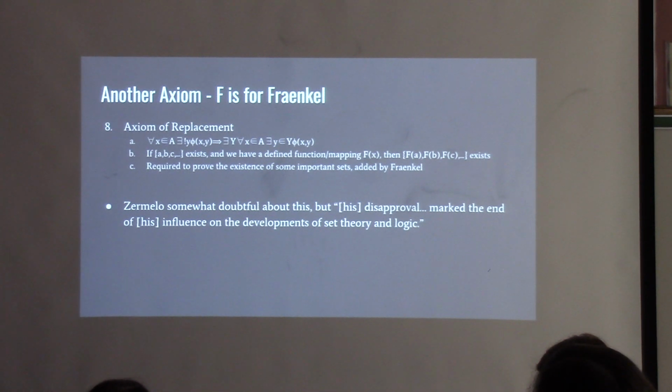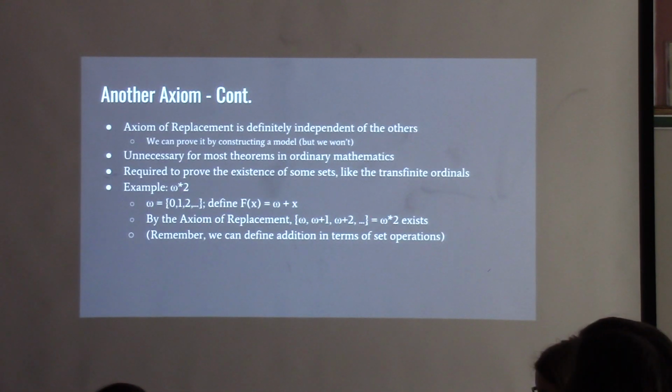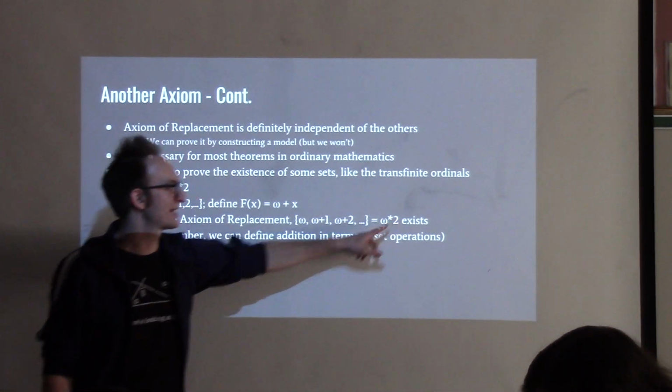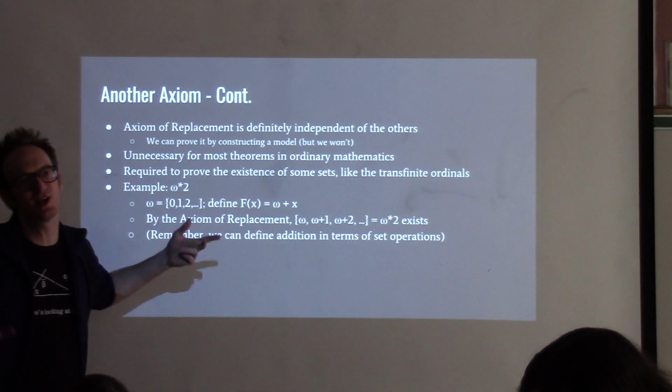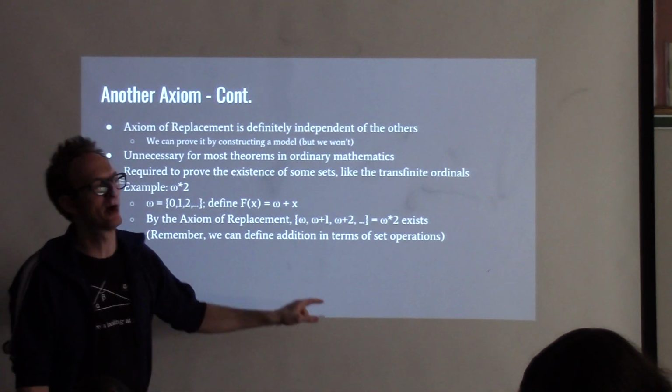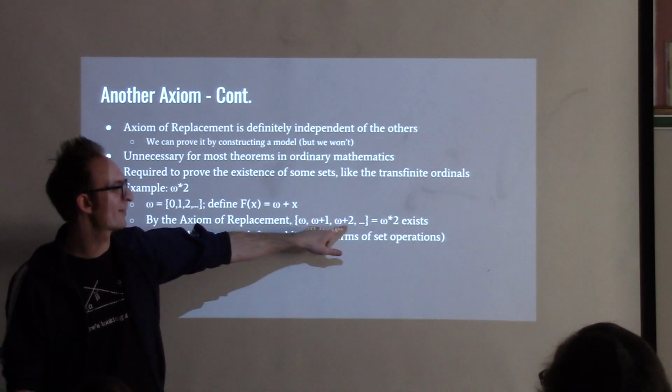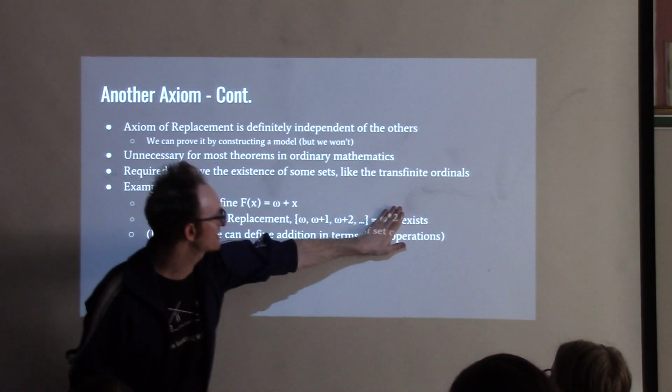And there are some obscure sets, not of interest to the average mathematician, but of interest to some people, of some advanced sets which require the axiom of foundation to prove. For example, if you want the set omega, omega plus 1, omega plus 2, etc. It's not actually omega times 2.